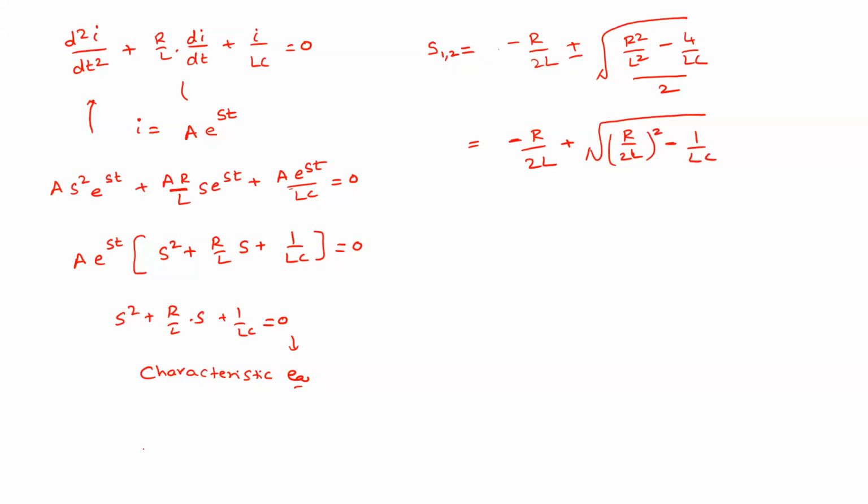Right? So this is s1. So what is the s2 value? Minus R by 2L minus square root of (R by 2L) square minus 1 by LC. So these are the two roots for this differential equation.